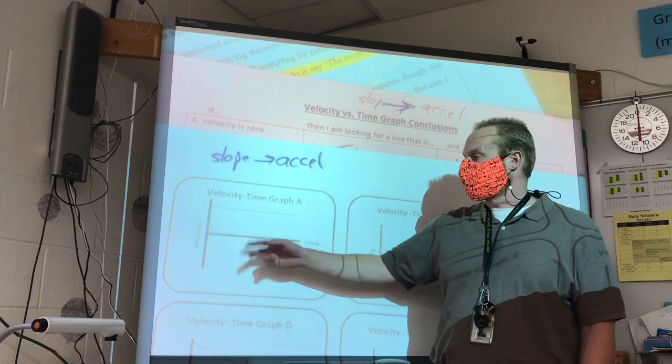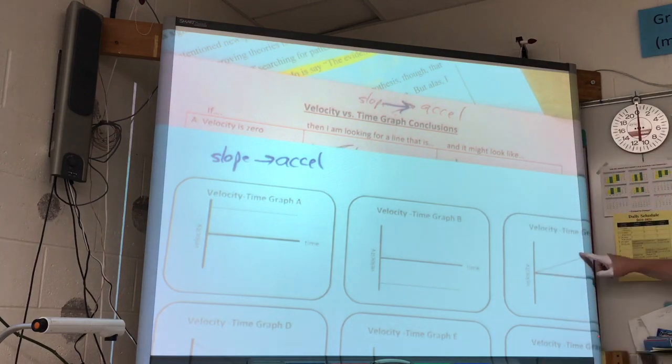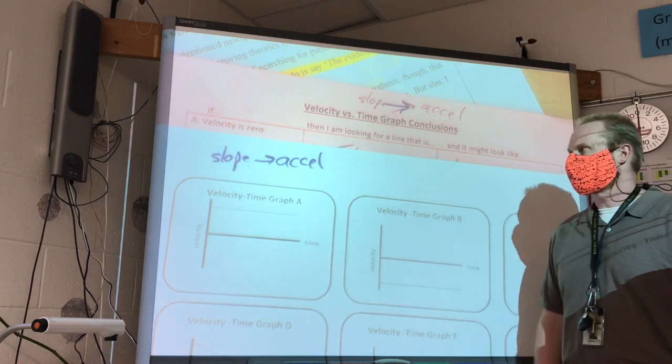Now the slope of a line is rise over run, it's my change in velocity divided by a change in time. By definition, a change in velocity is an acceleration. So the slope of a velocity versus time graph is going to tell us the acceleration of this object.